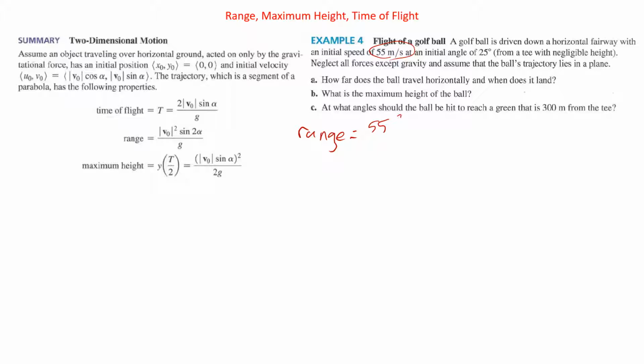So we have that squared times sine of 2 times 25, so sine of 50 degrees, over gravity, which will be 9.8. And we just calculate this. This is going to be a calculator type question because the sine of 50 is not pleasant. Neither particularly is 55 squared. And so we can plug it in. 55 squared times sine of 50 divided by 9.8 is going to get us about 236 meters.